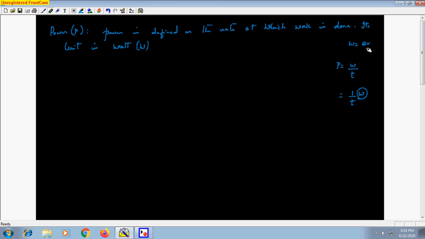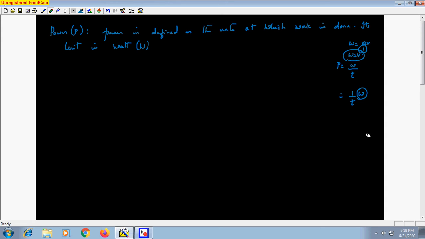So we tell when 1 coulomb of charge is flowing across the conductor, then work is nothing but V. W is also V. V means potential difference, voltage.